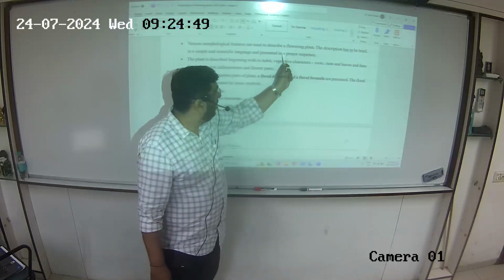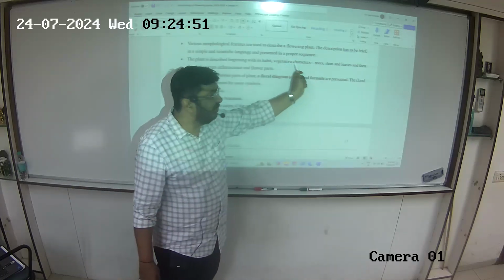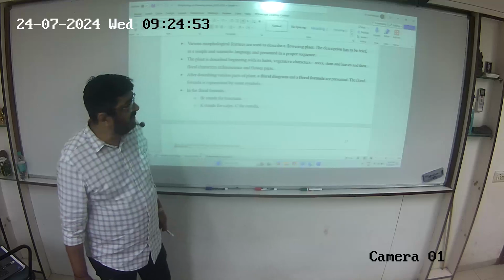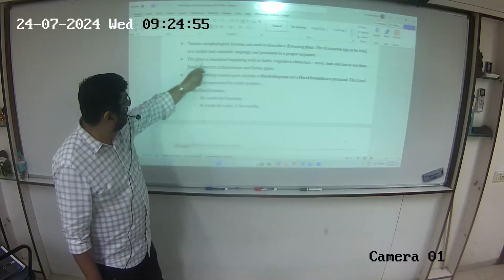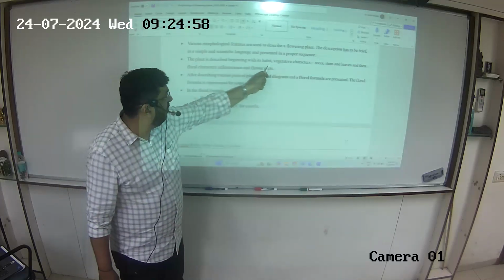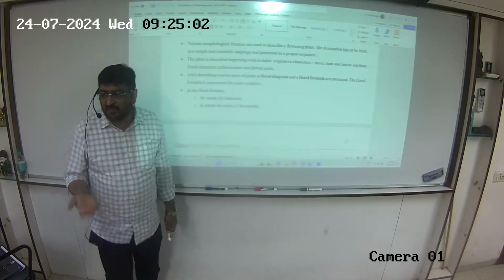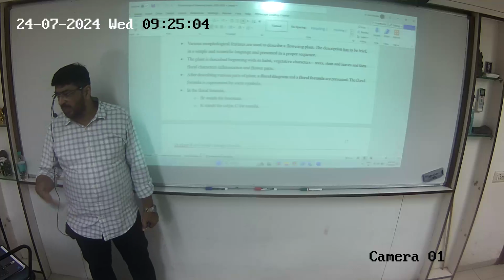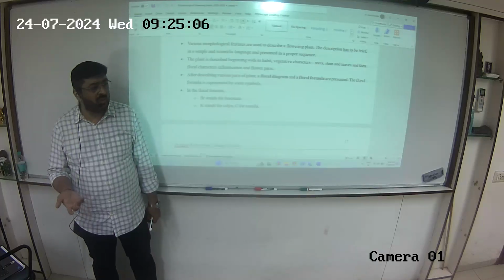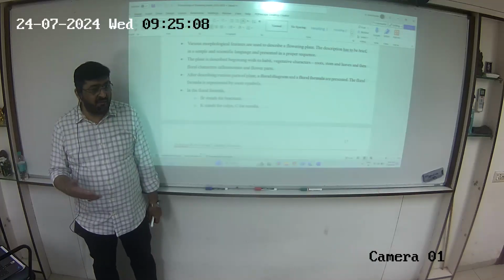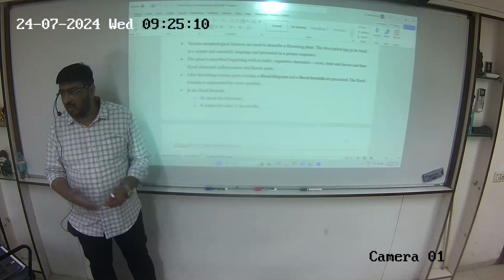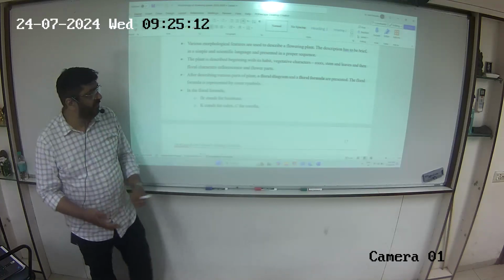This is important. In a proper sequence. That means the description first starts with the habit. This is number 1. Habit is in what area the plant is found, right? Tropics, subtropics, temperate zones. Where do you find this plant or this family appearing?